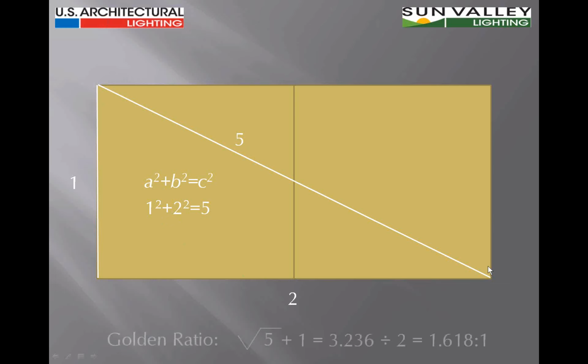Then we can take that diagonal, which is the square root of 5, and add it to the short side of the rectangle, and we come up with a number of 3.236, which doubled back on itself equals 1.618. You notice that 0.618 there? That became, in Greek architecture and Greek mathematics, what they referred to as the golden ratio or the golden proportion.